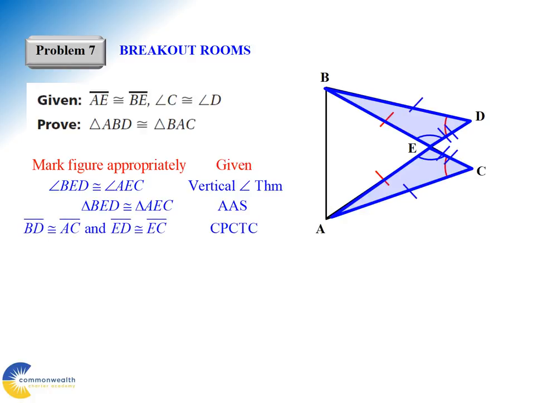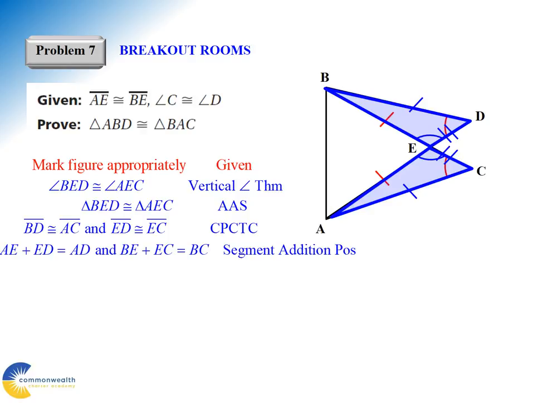That means that I can say that segment BD is congruent to segment AC, and segment ED is congruent to segment EC, by corresponding parts of congruent triangles being congruent, or CPCTC. By the segment addition postulate, I know that AE plus ED equals AD, and that BE plus EC equals BC.